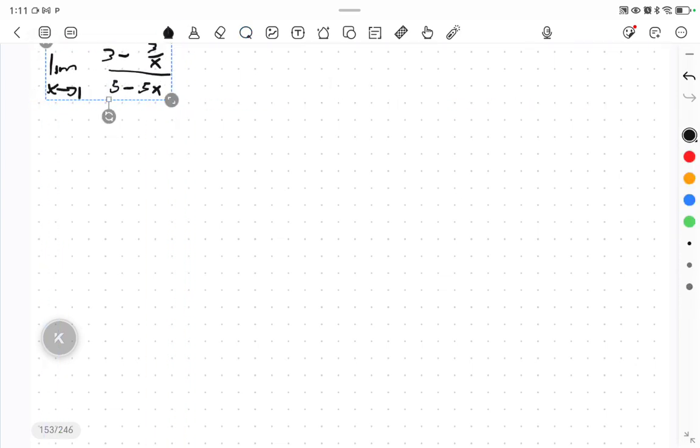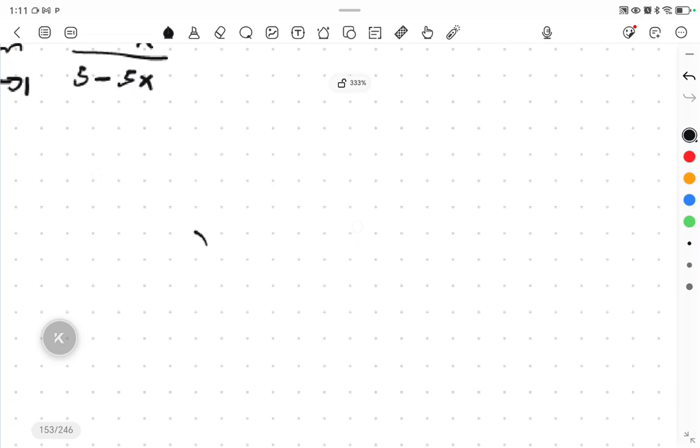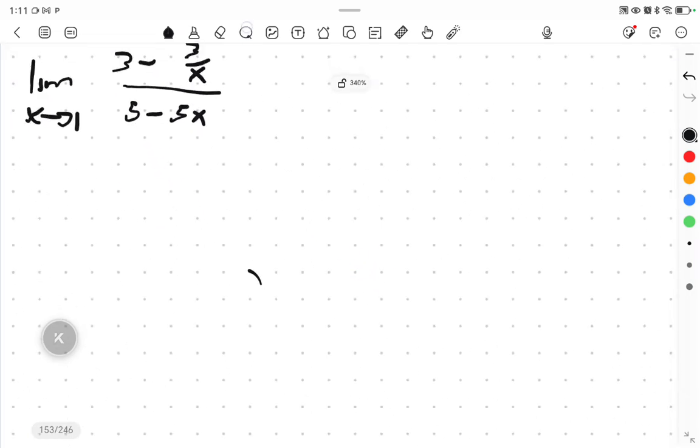I paste this. So first, what I need to do is direct substitute. You see that I direct substitute. When I direct substitute, I find that this is in the form. If I direct substitute 1 on the denominator of 3 over 1, I get 3. 3 minus 3 is 0. Over, also here it's 0. So this is the form 0 over 0.